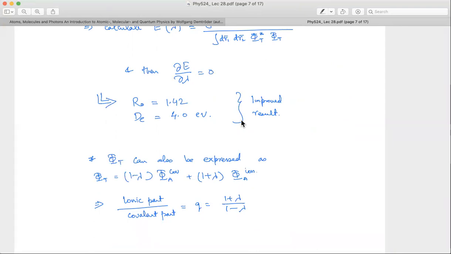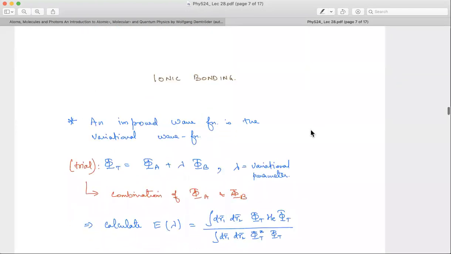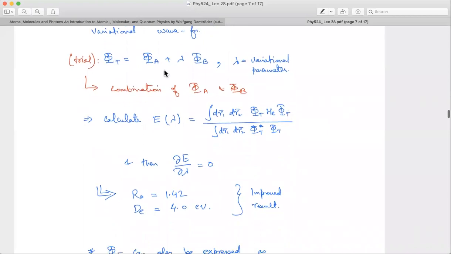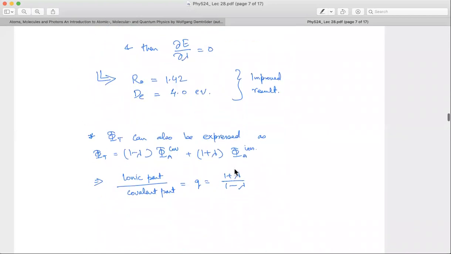Another advantage of using this variational principle, or this kind of wave function, is that it can effectively be written in terms of what I defined as the ionic and the covalent parts. It can be written as 1 minus lambda times the covalent part plus 1 plus lambda times the ionic part.